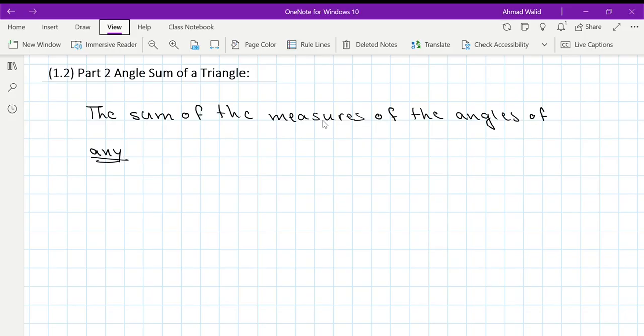It's important: the sum of the angles of any triangle is 180 degrees. Any type of triangle that I draw, the sum of their angles is 180 degrees. For example, I will draw this triangle for you.